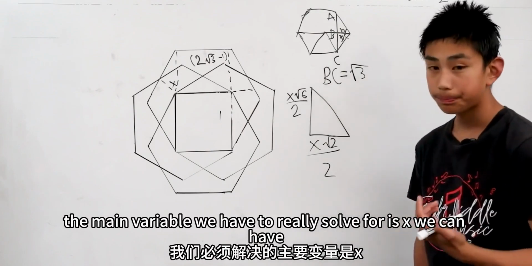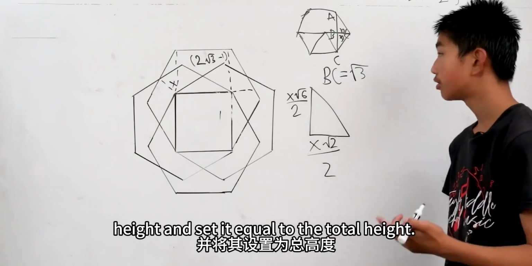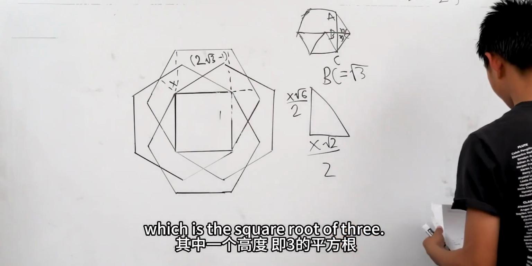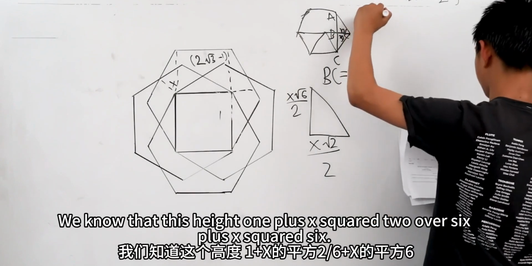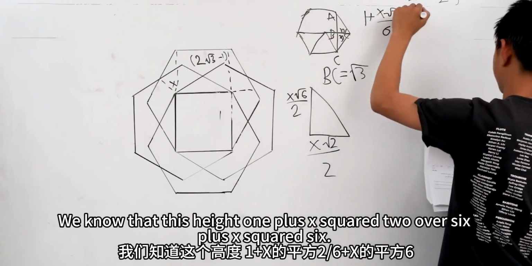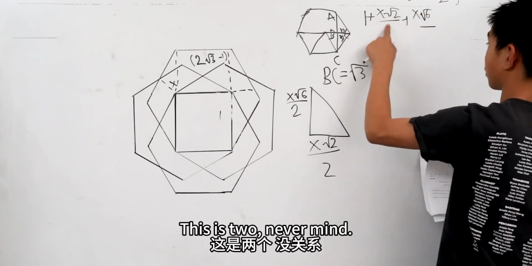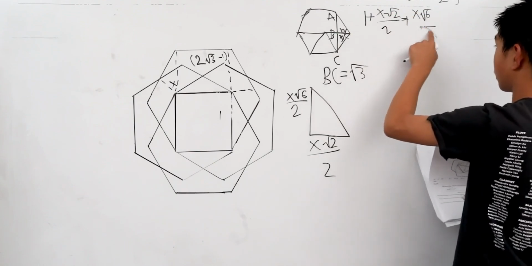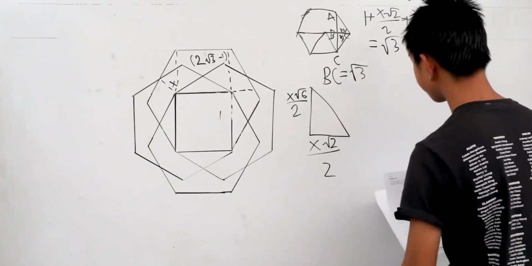We can have a representative of the height and set it equal to the total height, or in this case, one of the heights, which is the square root of 3. So we know that this height: 1 plus x root 2 over 2 plus x root 6 over, oh shoot, this is 2, never mind. 2 is supposed to equal the square root of 3.